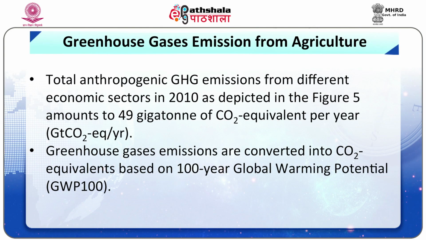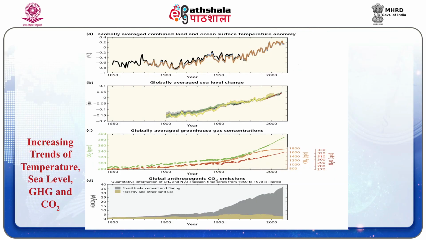Total anthropogenic GHG emissions from different economic sectors in 2010 amounts to 49 gigaton of carbon dioxide equivalent per year. Greenhouse gases emissions are converted into carbon dioxide equivalents based on 100-year global warming potential. This equivalent carbon dioxide emission is defined as the amount of carbon dioxide emission that would cause the same integrated radiative forcing over a given time horizon as an emitted amount of a greenhouse gas or a mixture of greenhouse gases.